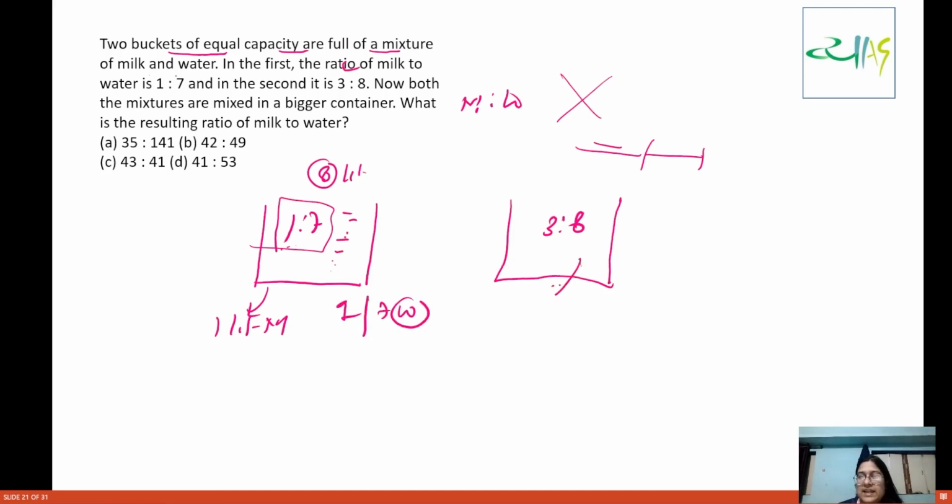And here, when I am taking 11 liters, then I will be getting 3 liters of milk and 8 liters of water.